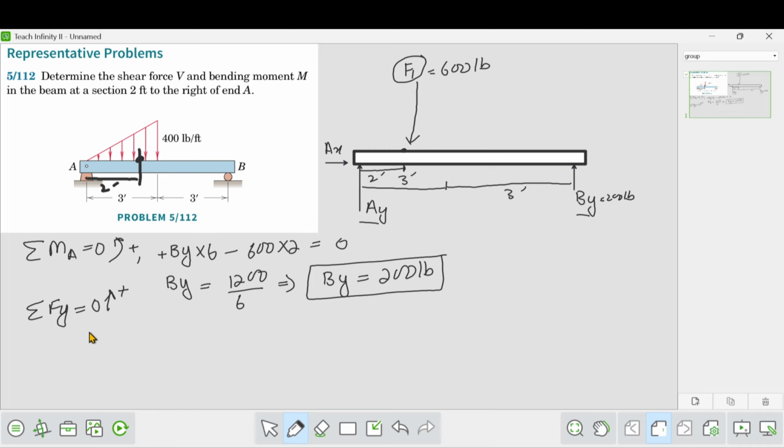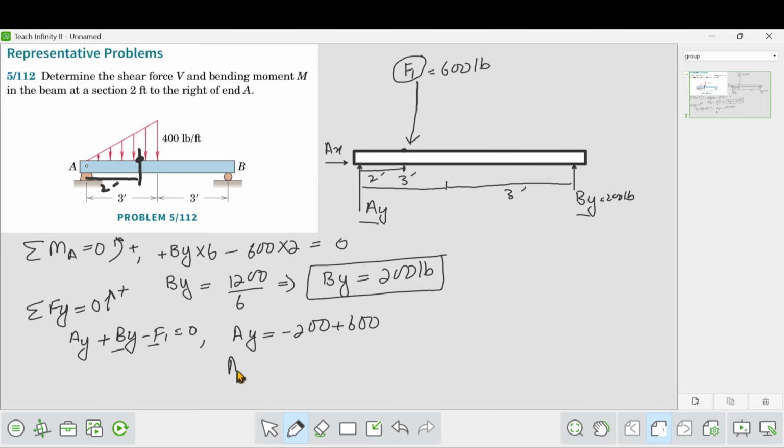So AY is positive because directed up, BY is positive, and F1 is negative, equal to 0. If I plug in the values of F1 and BY, I will get AY. So AY will equal negative 200 plus 600.